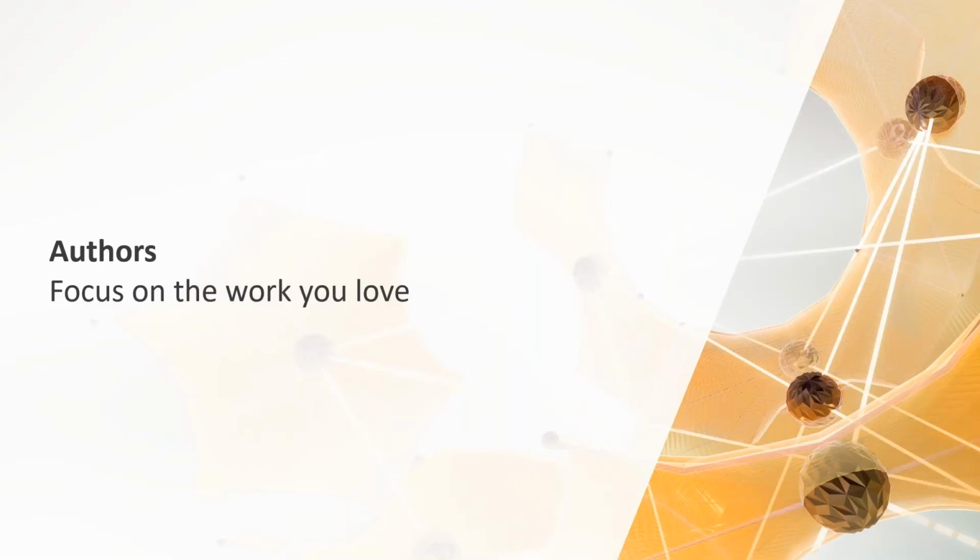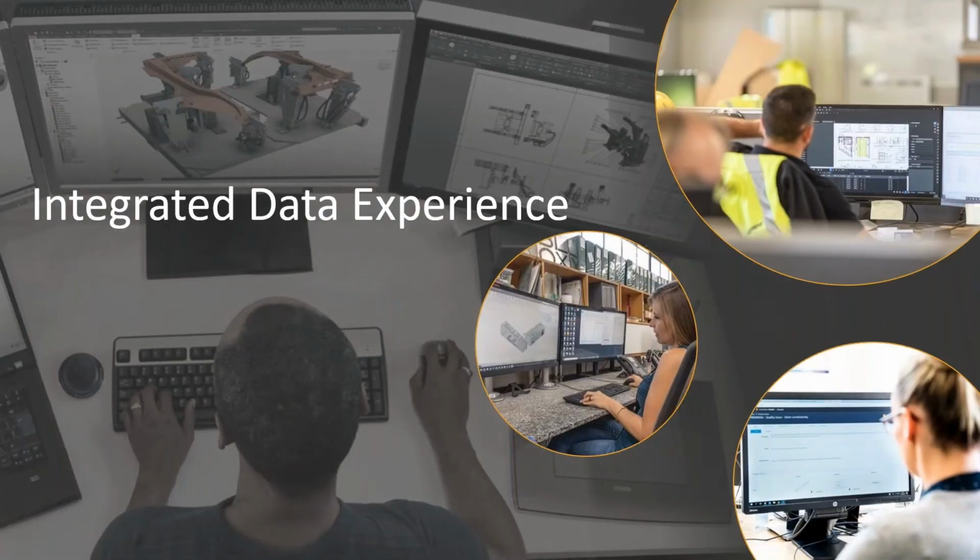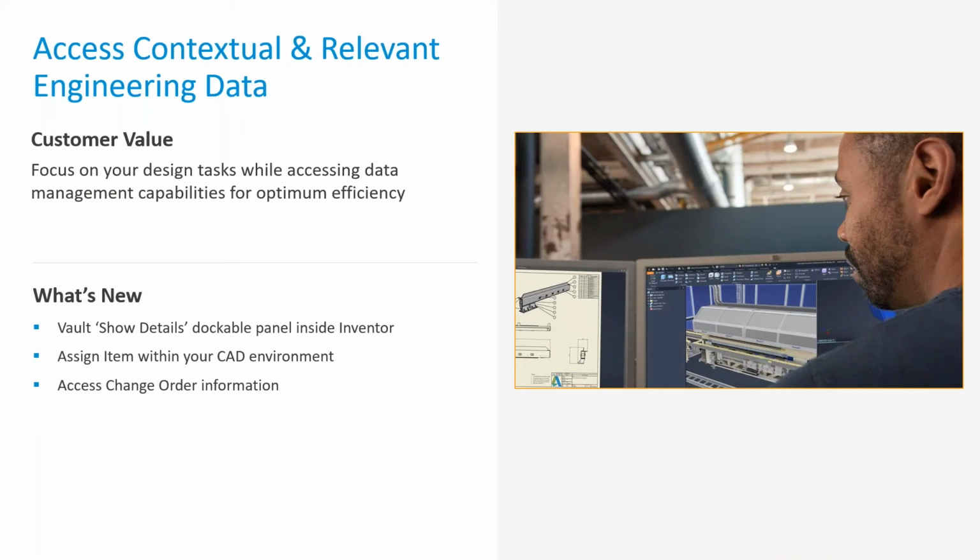All right, so let's take a look at authors first, and by that we mean the designers, the engineers that are creating products. First of all, the access to contextual and relevant engineering data has been enhanced. So we can now see details of your design, of your files, right within Inventor. We used to have to bounce back and forth, and I'm a big believer that if you're a designer, you want to be working in the CAD tool.